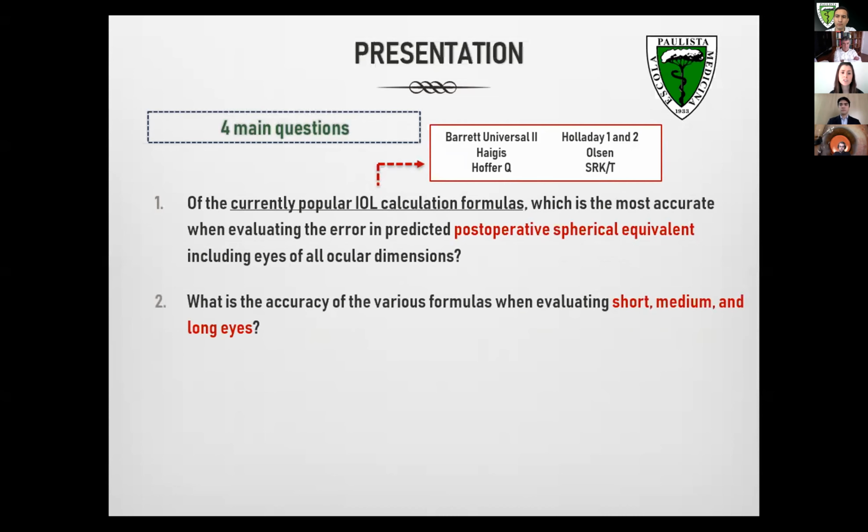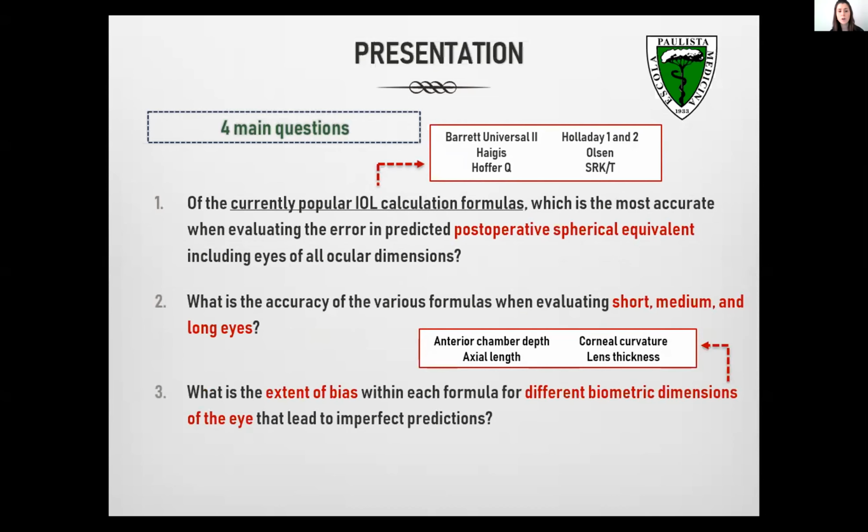The second question is, what is the accuracy of the various formulas when evaluating short, medium, and long eyes? The third one is, what is the extent of bias within each formula for different biometric dimensions of the eye, including anterior chamber depth, axial length, corneal curvature, and lens thickness, that lead to imperfect predictions.